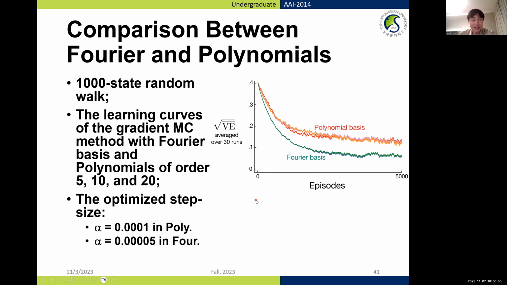We can clearly see that for the polynomial basis, the error is worse than the Fourier basis. The Fourier basis shows better performance compared to the polynomial basis.